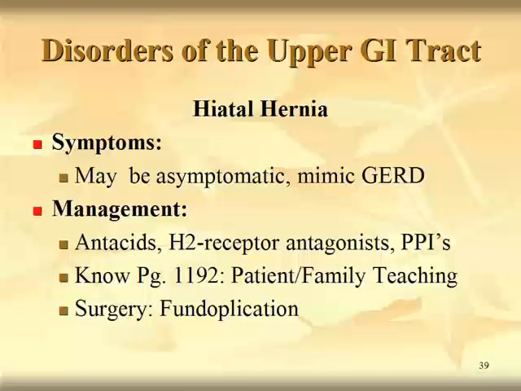These patients may be asymptomatic, or they may have the same types of symptoms as GERD patients did, and typically they're treated with antacids, H2 blockers, PPIs, and also they might be patients that are good candidates for fundoplication, as we talked about with our GERD patient.